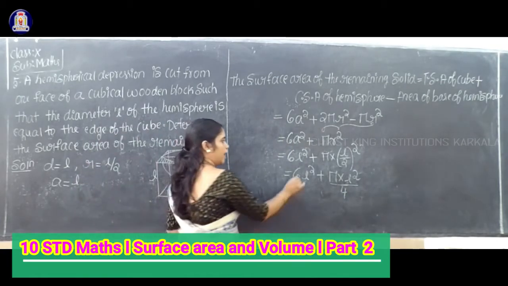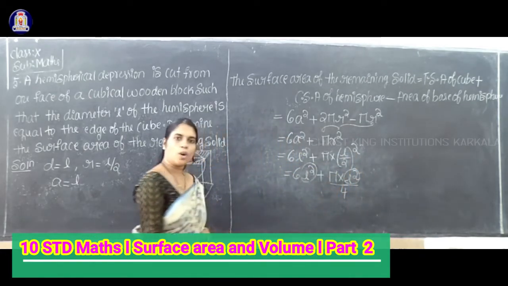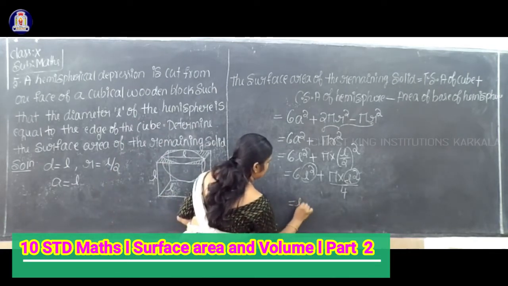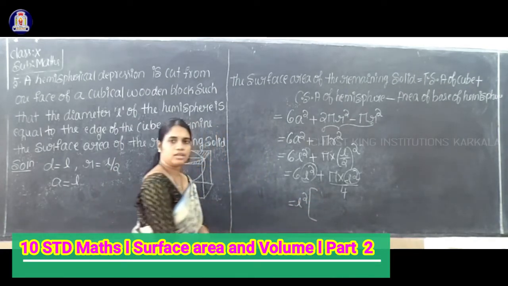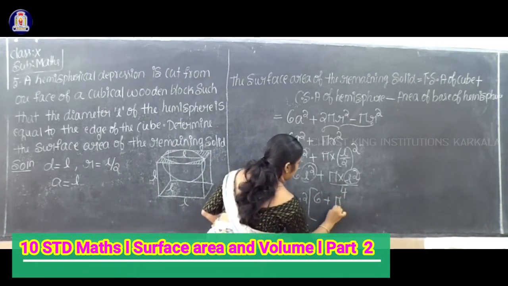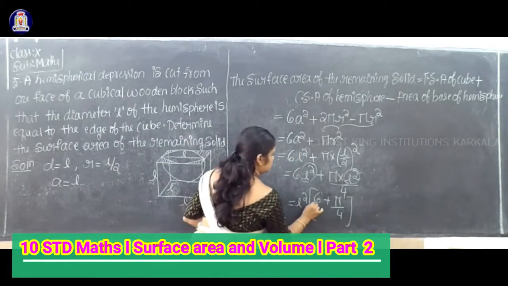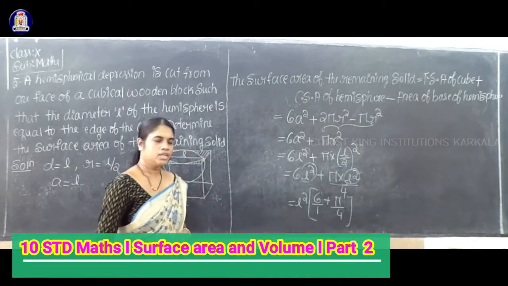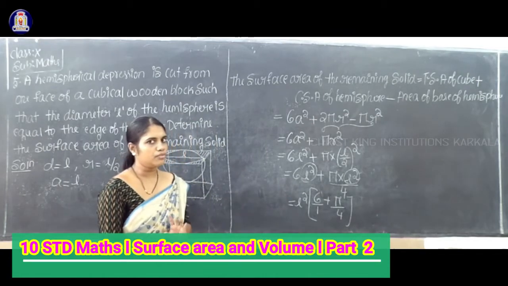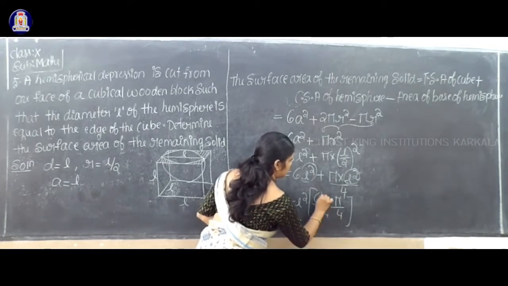Now among these two terms, can I take L square as a common term? Yes, so I will take L square outside. The remaining term is 6 plus pi by 4. Now 6 is nothing but 6 by 1. The LCM of 1 and 4 is 4 itself, so multiply and divide by 4.